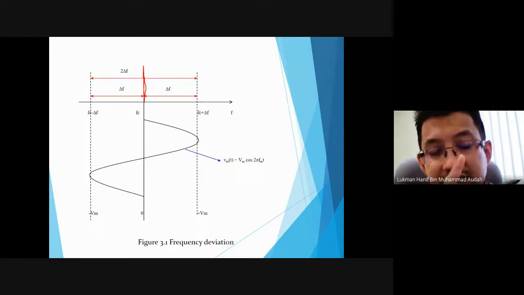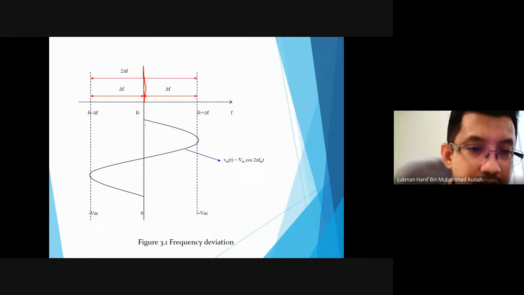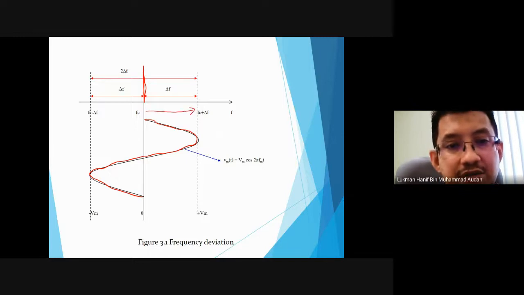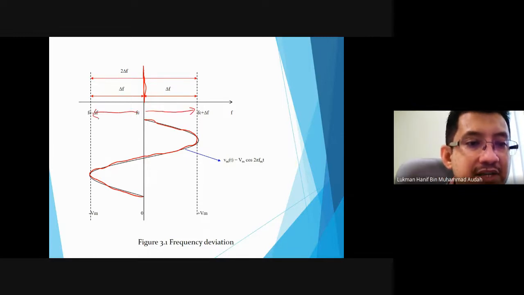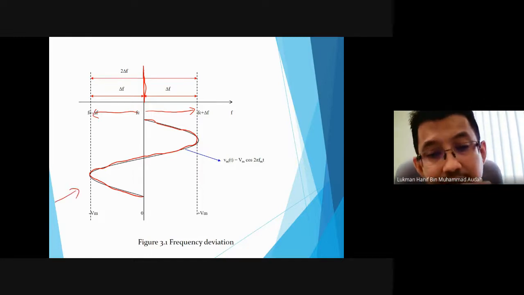So that oscillation is depending on the VMT. Nampak dalam gambar raja ini VMT berubah. Ini baru satu cycle. So FC berubah, FC plus delta F, and then FC minus delta F. So this shows you only one cycle. Kalau 10,000 times, maknanya ada 10,000 cycle per second. 10,000 kali dalam satu saat.